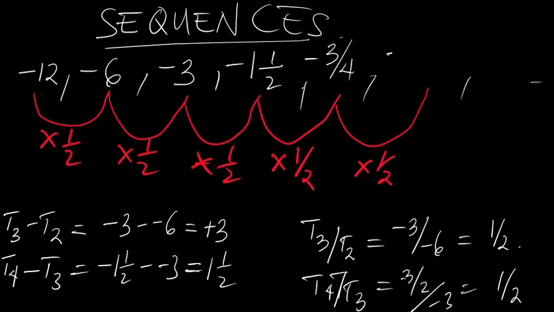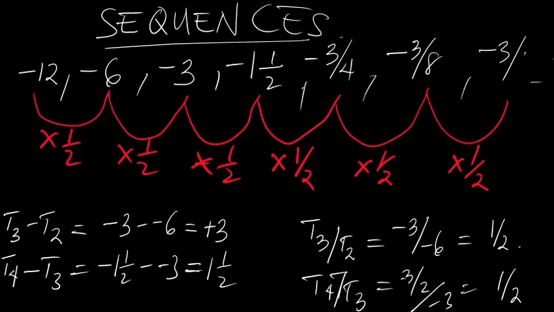You have minus 3 over 8. So the next one, if you multiply minus 3 over 8 by half, we're going to have minus 3 all over 16. So these are the 3 terms that we're looking for.